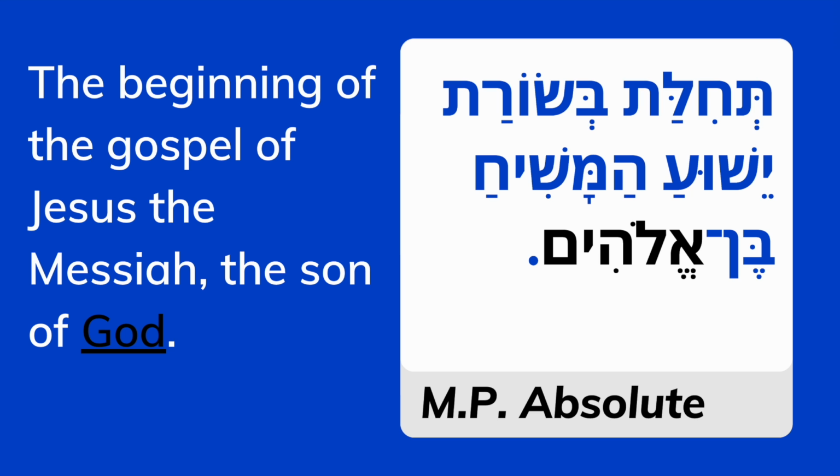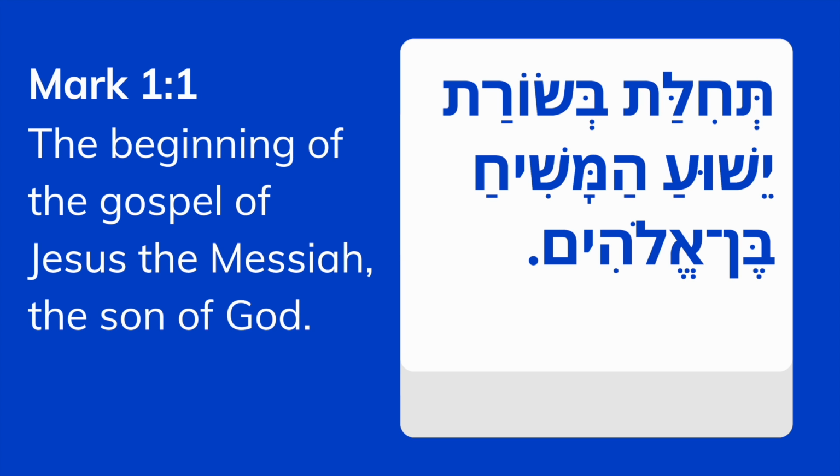That im ending tells us that it's masculine plural. So Mark 1:1 reads, Techilat Besorat Yeshua HaMashiach ben Elohim, the beginning of the gospel or the good news of Jesus the Messiah, the Son of God.